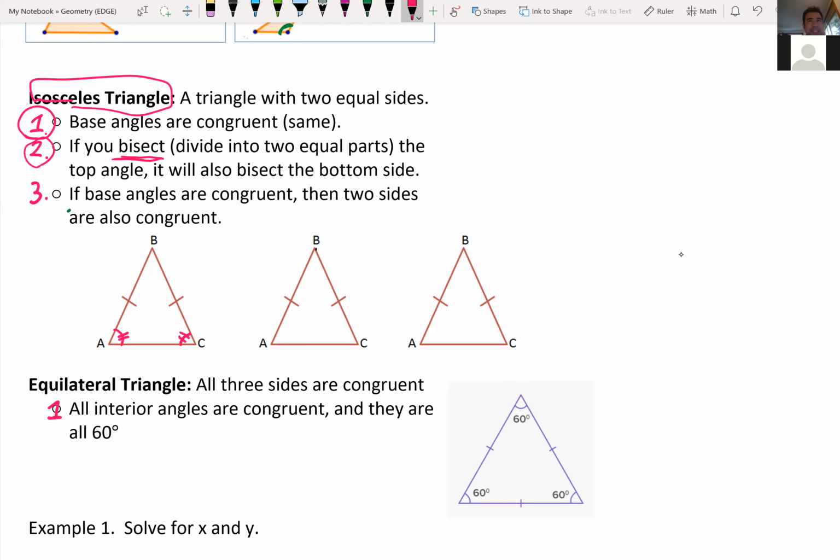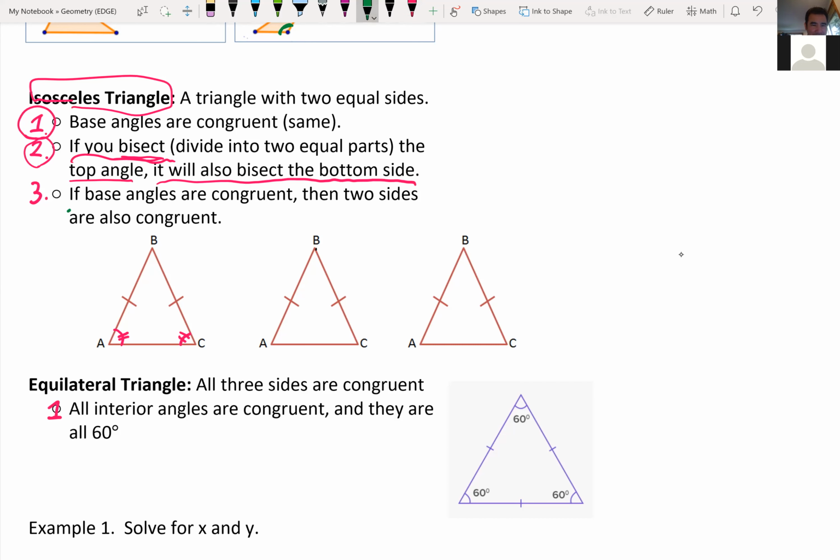And that's what bisecting means. It says if you bisect the top angle, then it will also bisect the bottom side. Does that make sense? Can you picture that?